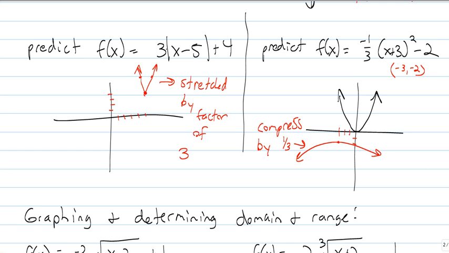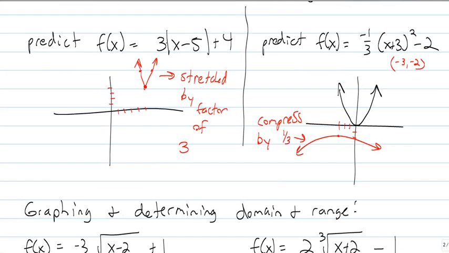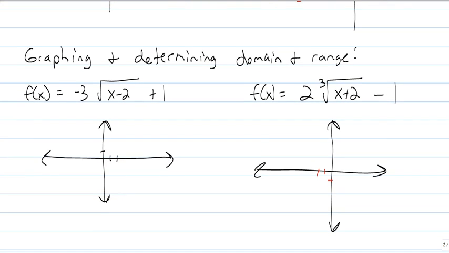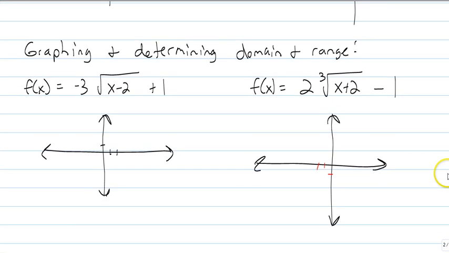Okay? Alright, so let's look at graphing and determining domain and range. So this is a negative square root. The starting point is at 2, 1, right there. It flips over and it's stretched by a factor of 3, which means it's pulled downward. So it's more like this instead of the original curve.